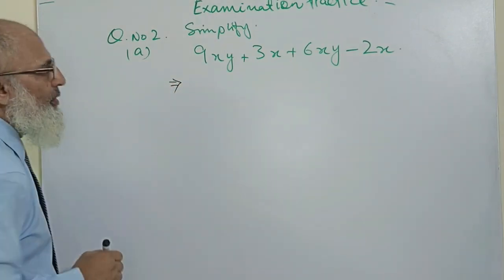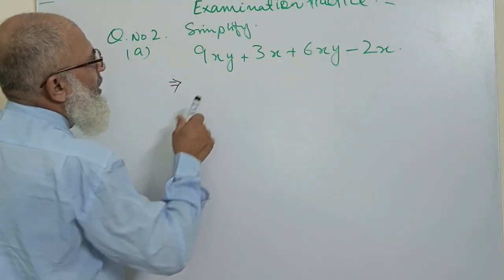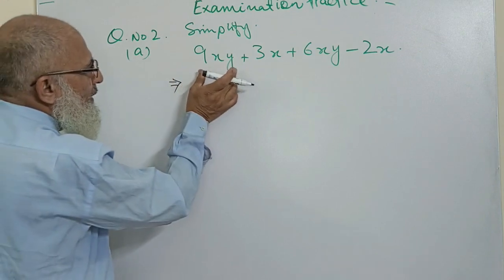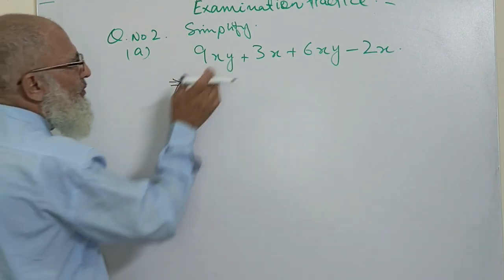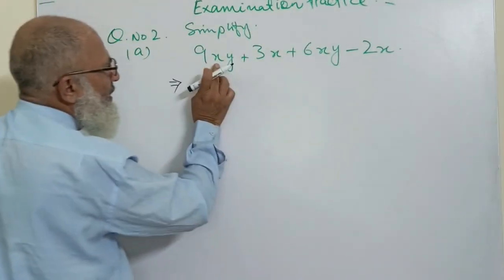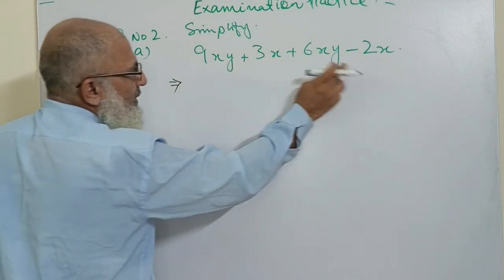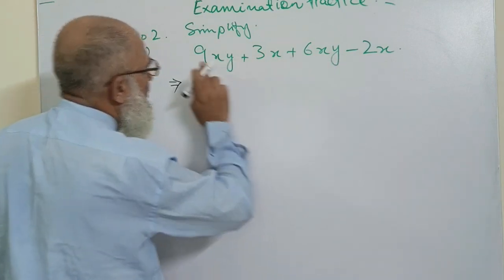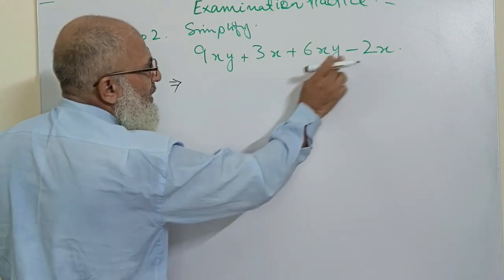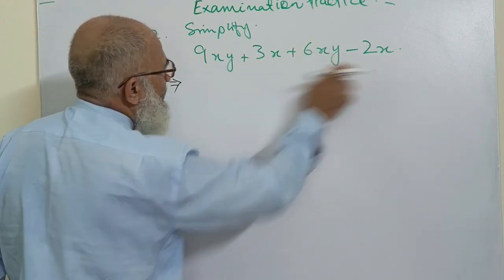How will we solve it? We'll collect all the like terms together. Now this is like variables x and y, this is like with 6xy. 9xy is like with this and 3x is like with this.